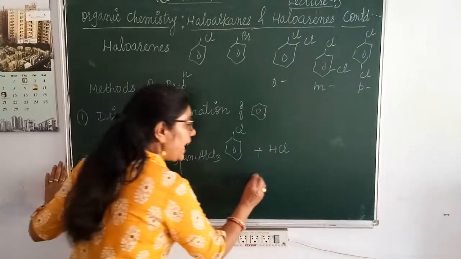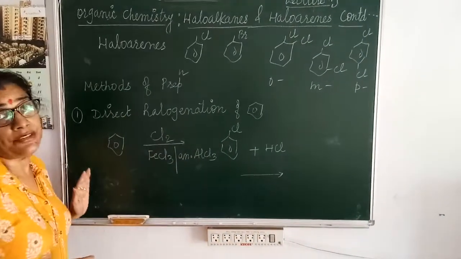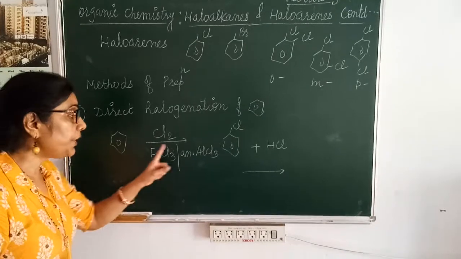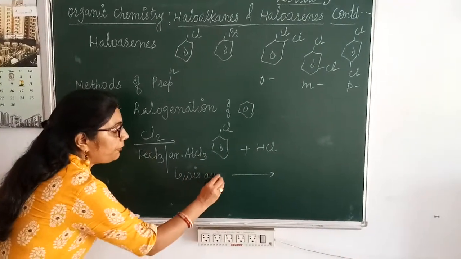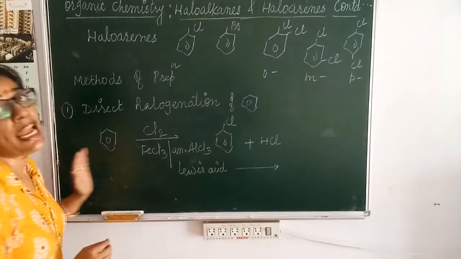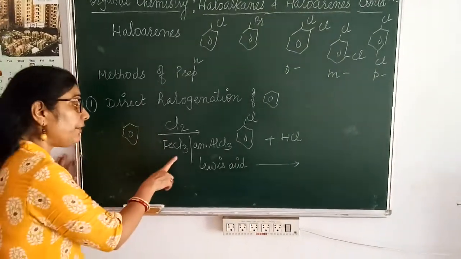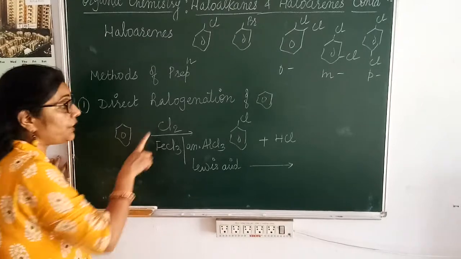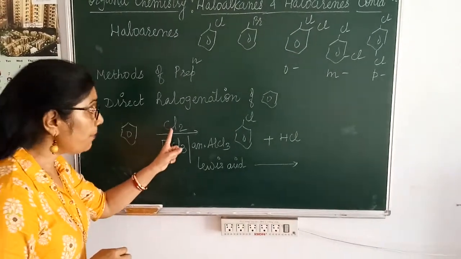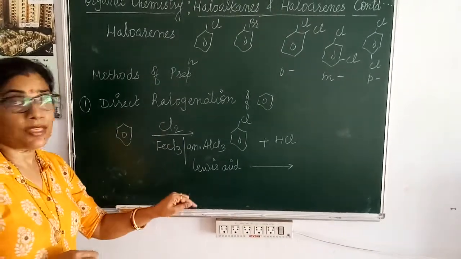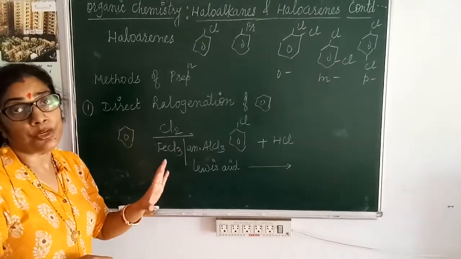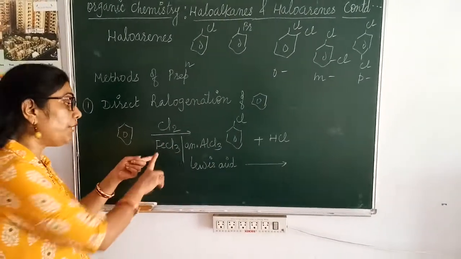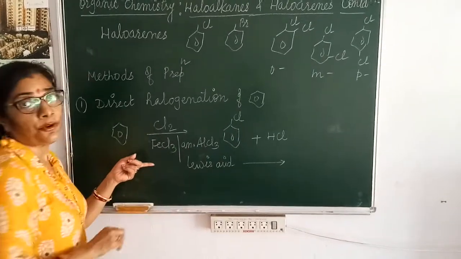What type of reaction is it, my dear students? Halogenation in presence of Lewis acids. It's an electrophilic substitution reaction. And this FeCl3, when it reacts with Cl2, gives FeCl4 minus and Cl plus. That Cl plus is attacked by the benzene nucleus. In the mechanism, the first step is generation of the electrophile.